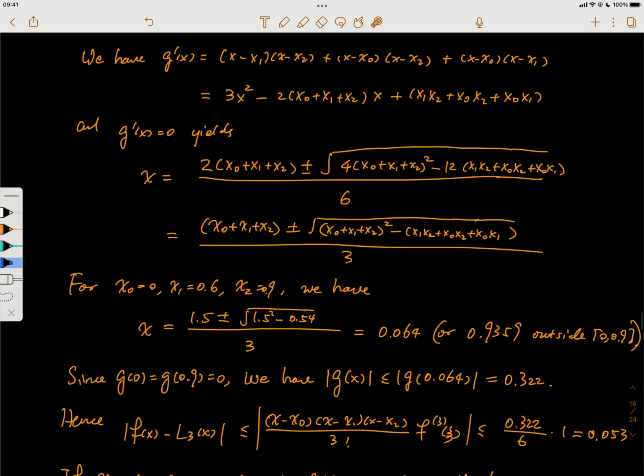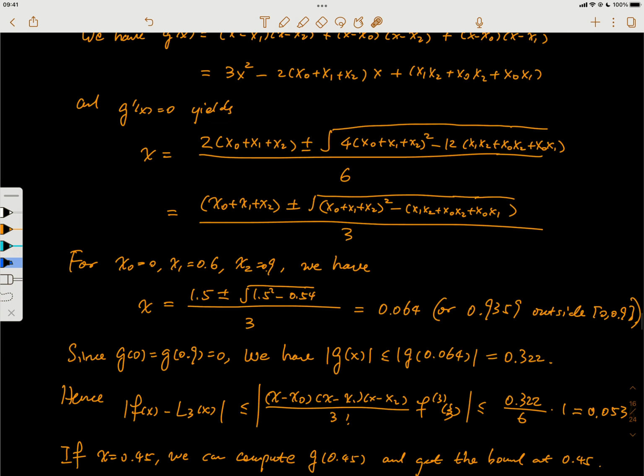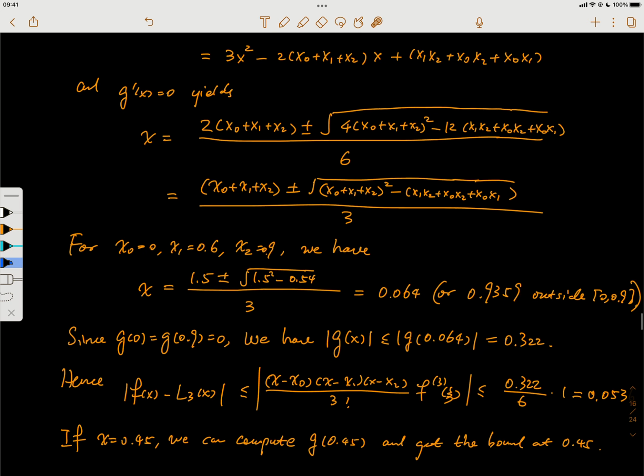We already figured out this is bounded by 1 and that is bounded by 0.322. So altogether, the distance between the function f and the Lagrange interpolating polynomial over the interval 0 to 0.9 is bounded by this number. That is the general bound over the interval.